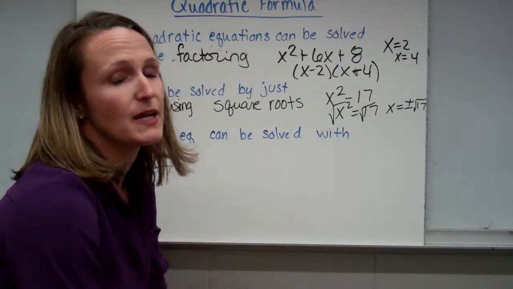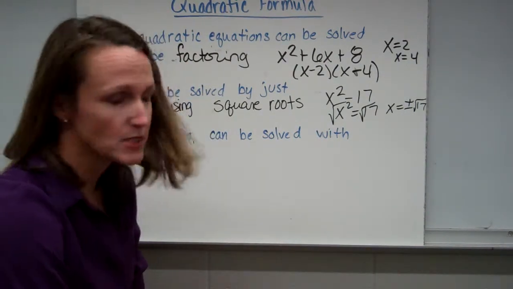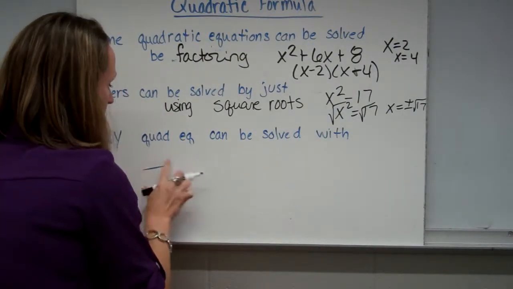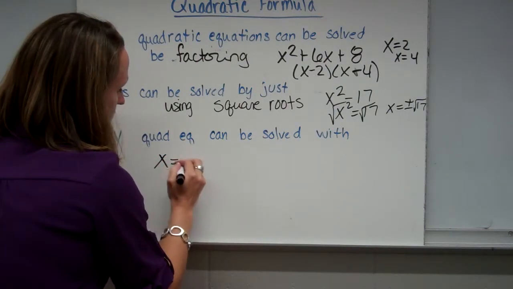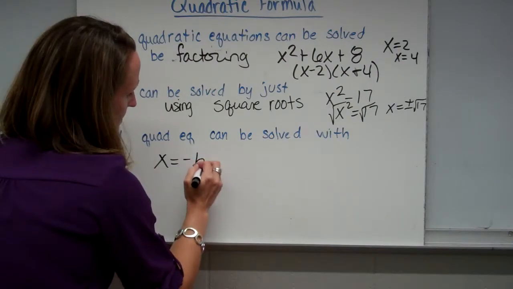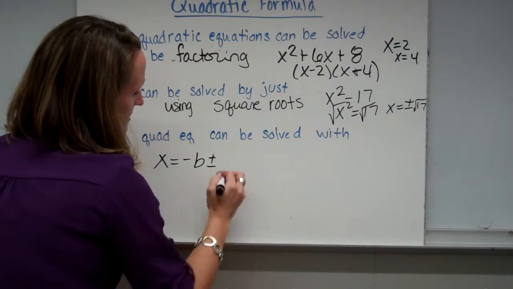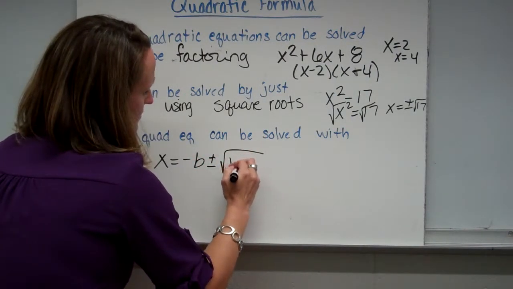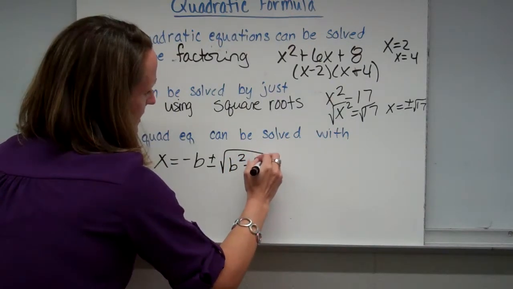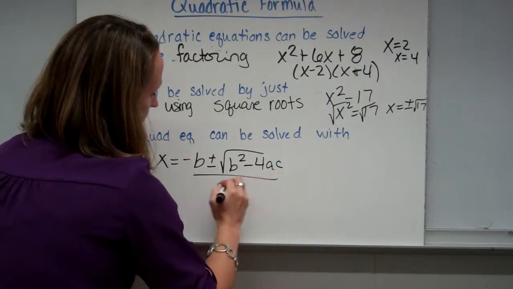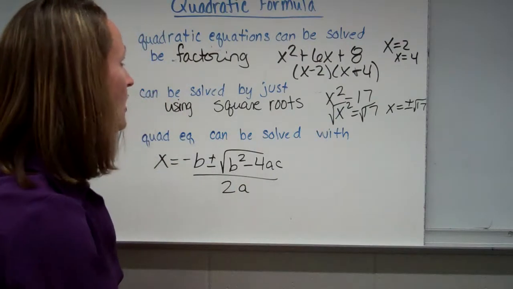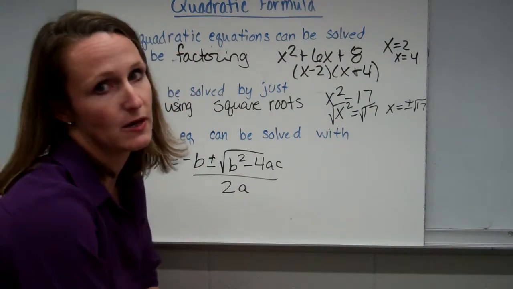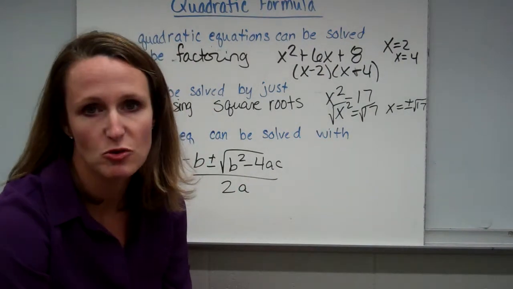So the other way to solve quadratic equations is to use this quadratic formula, in which case x equals the opposite of b plus or minus the square root of b squared minus 4ac over 2a. We call this the quadratic formula, and there's a little song that helps you remember it.